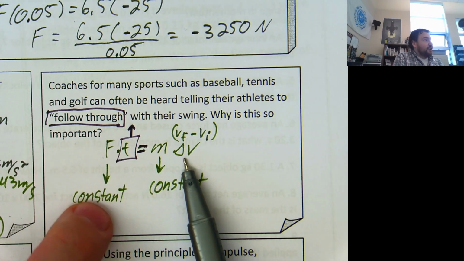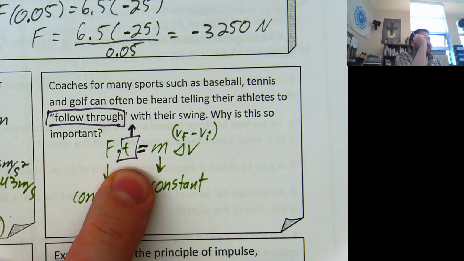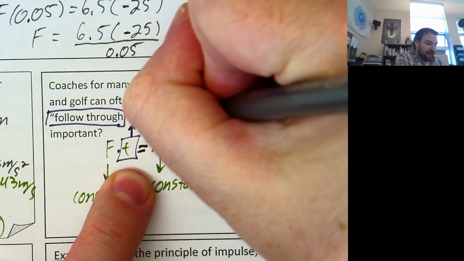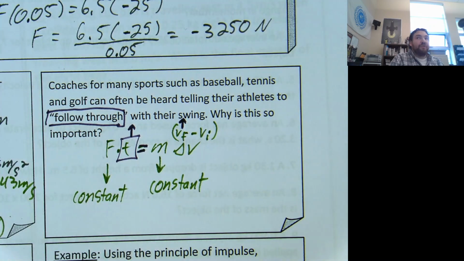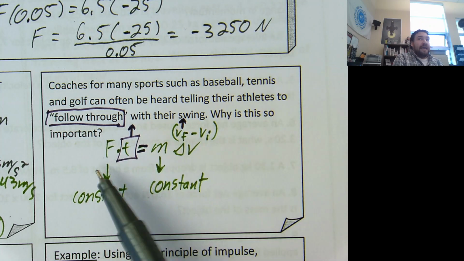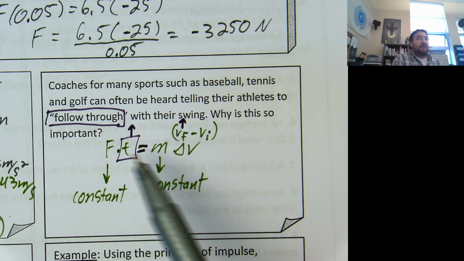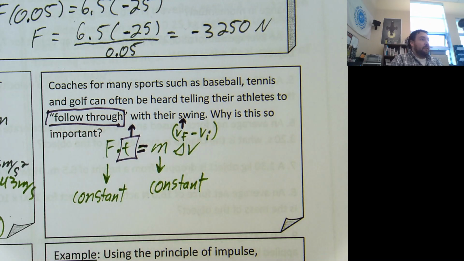The force you're exerting hasn't changed, but even just a little bit more time in contact, this V final shoots through the roof. Something as simple as your coach telling you to follow through has profound mathematical implications. That final velocity is going to be so much bigger.